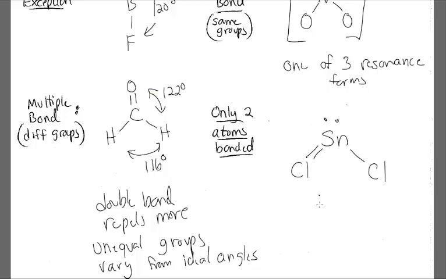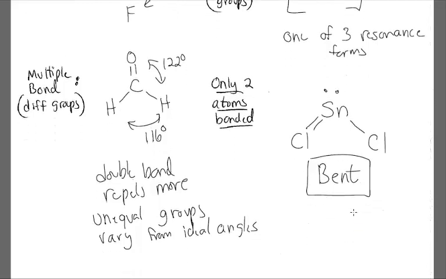It is called bent, because remember, the molecular shape is where the atoms are. The electrons determined that this would be in a trigonal planar electron geometry, but the molecular shape is bent. So that's kind of a subset of trigonal planar electron groups. Okay, so this is not trigonal planar. The shape is bent.